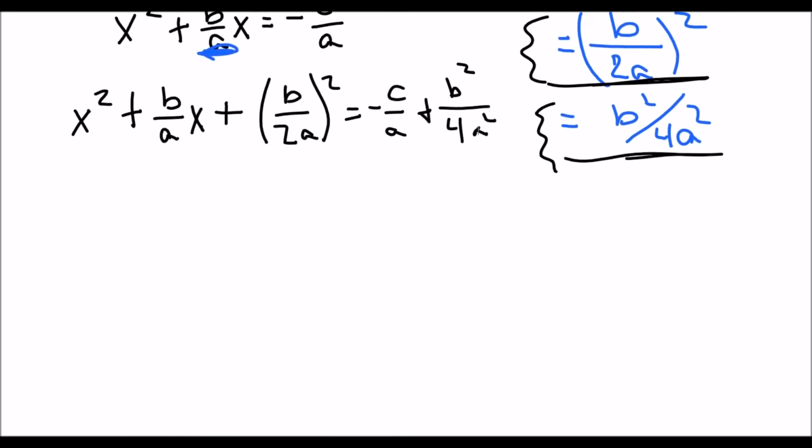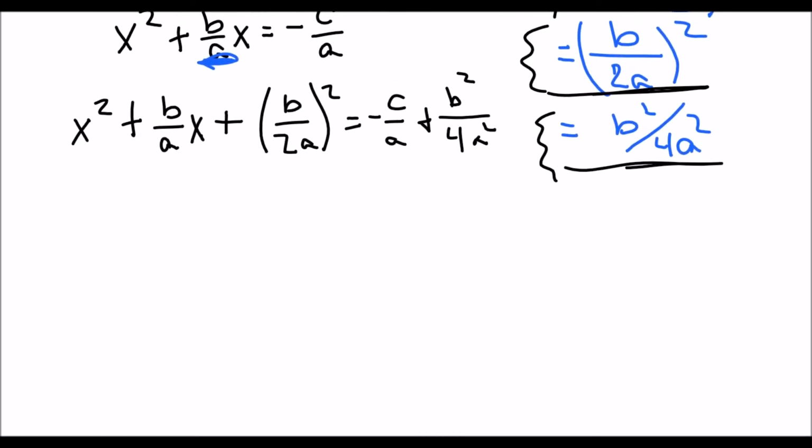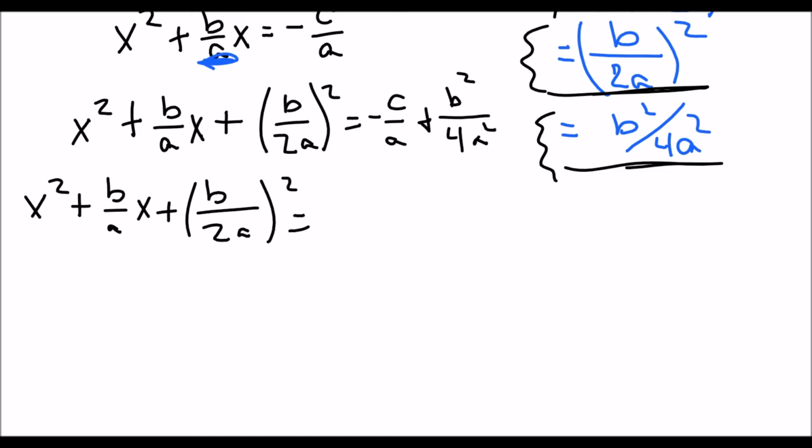And now we're just going to slightly rearrange the right-hand side of the equation. So x squared plus b over a x plus b over 2a quantity squared equals b squared over 4a squared minus c over a.